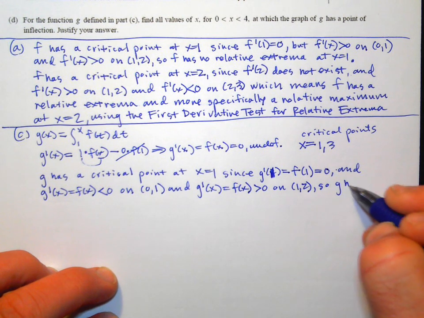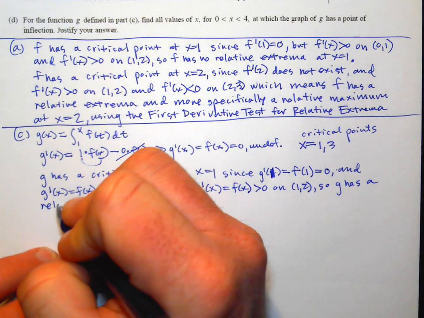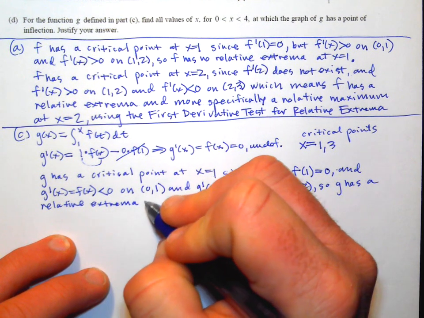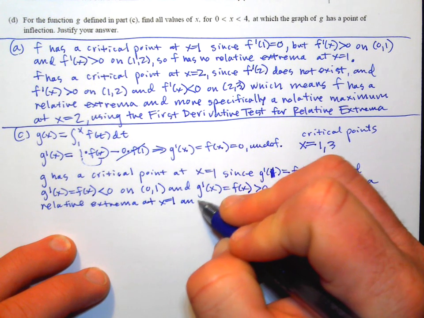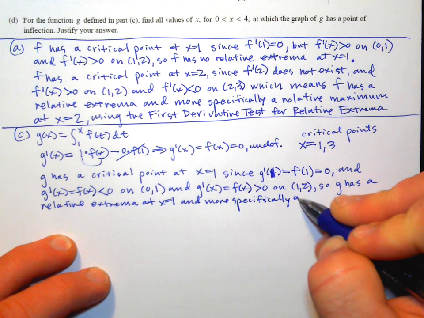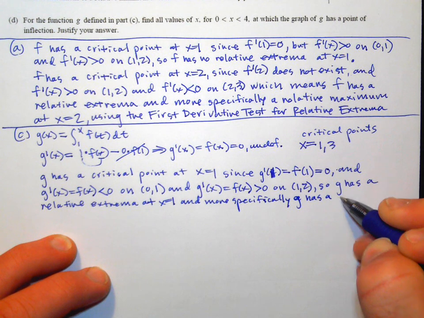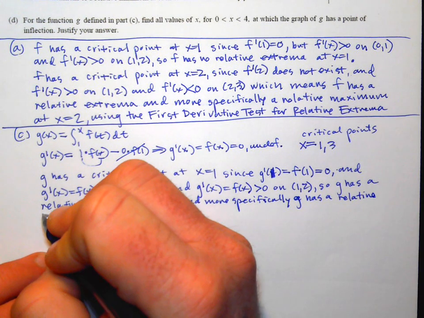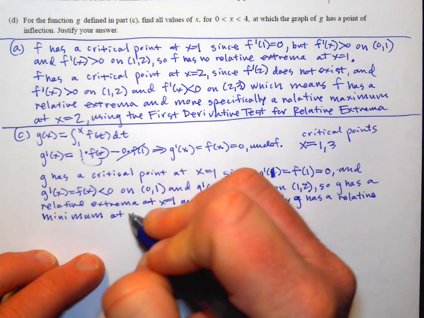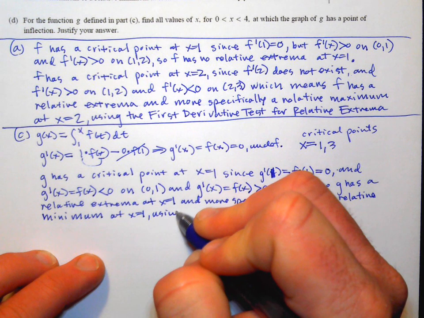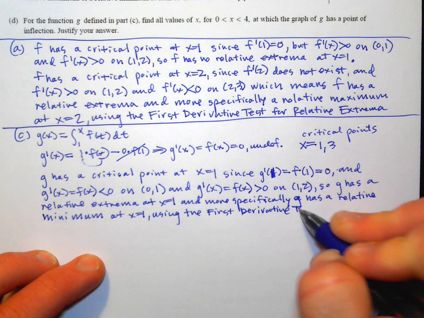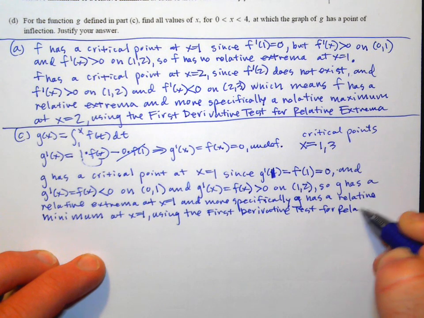So G has a relative extrema at x equals 1, and more specifically, G has a relative, what would we say, minimum at x equals 1 using the first derivative test for relative extrema.